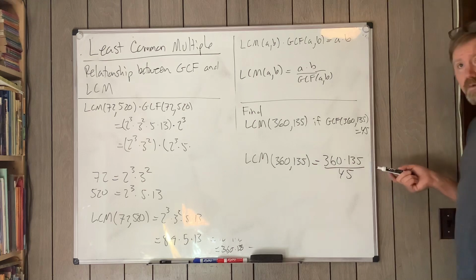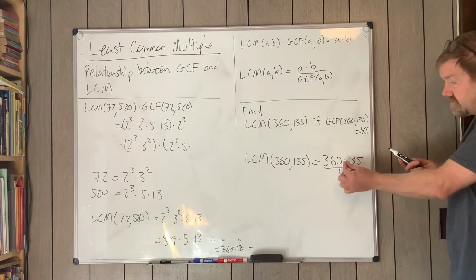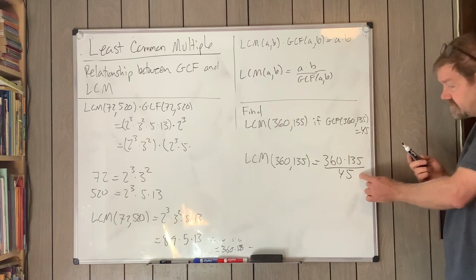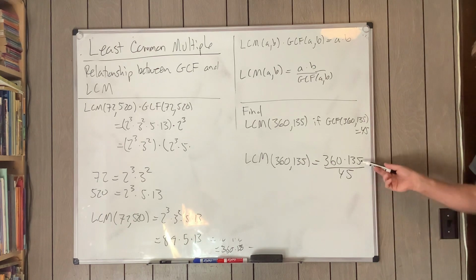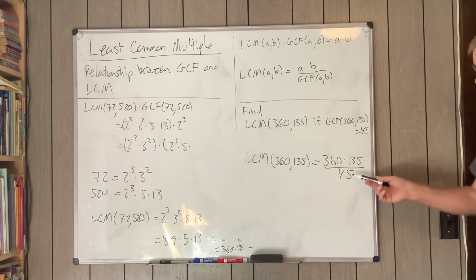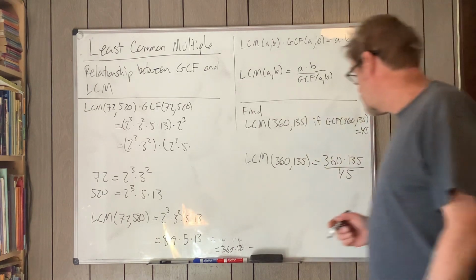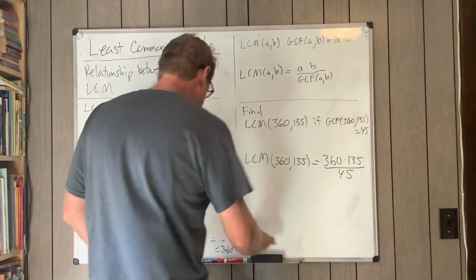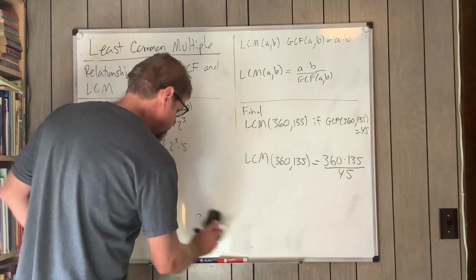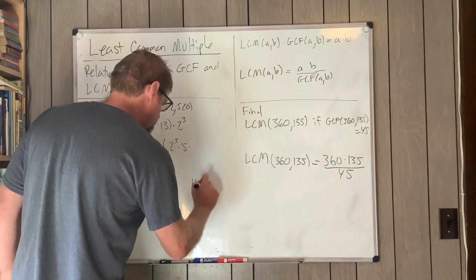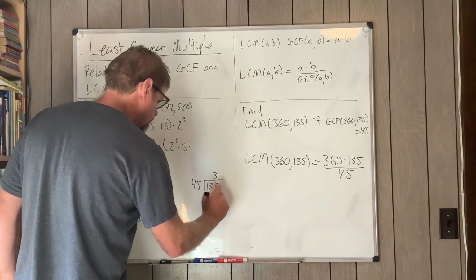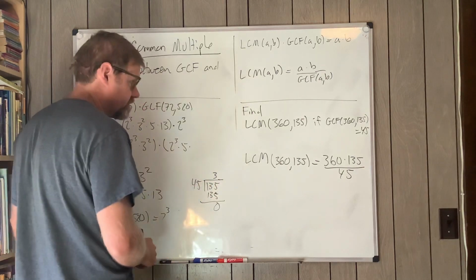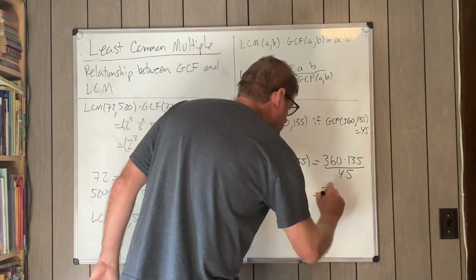Now, one thing that we can do with this is I could do the multiplication first and then do a division. But instead, it's actually easier if I first reduce this. So remember that 45 is a factor of both 360 and 135. Let's do 45 into 135. That looks pretty easy to do, and if you are careful, you can show it's exactly 3.